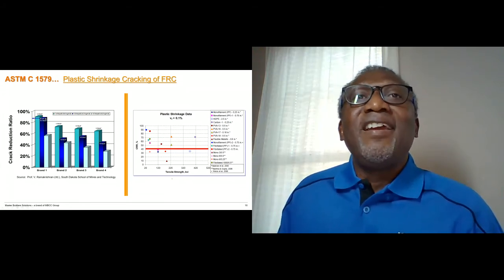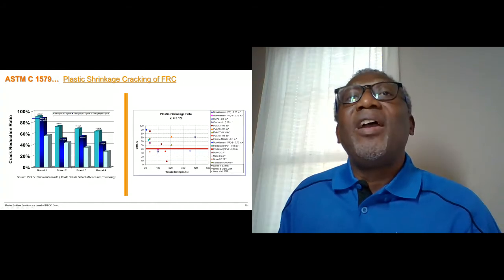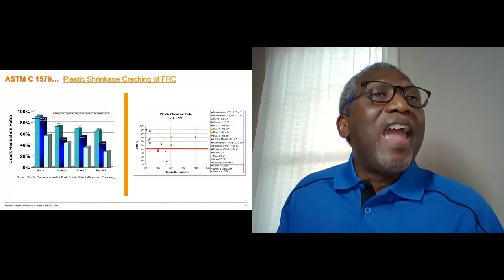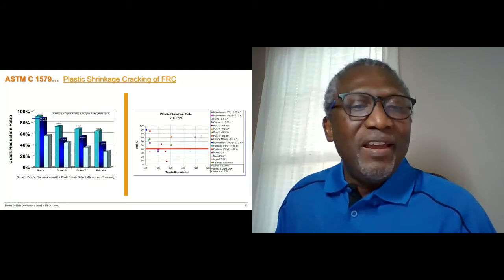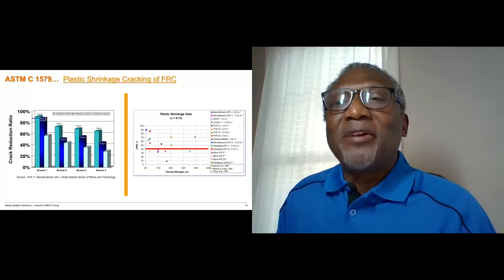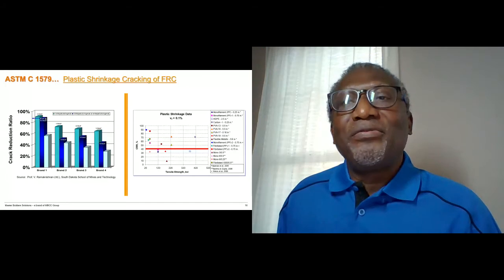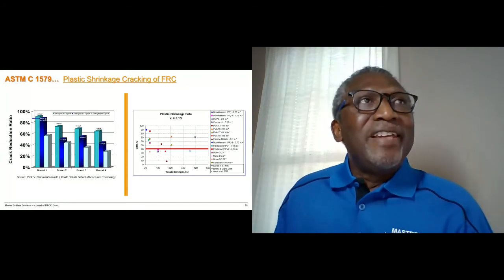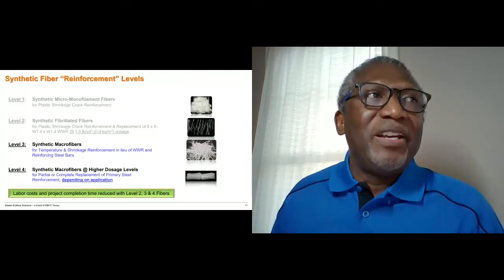And as you can see, there's really no correlation between crack reduction ratio and tensile strength. And this is one of the reasons why in C1579, there's also no tensile strength requirements for the microfibers. Next, we have the synthetic macrofibers.